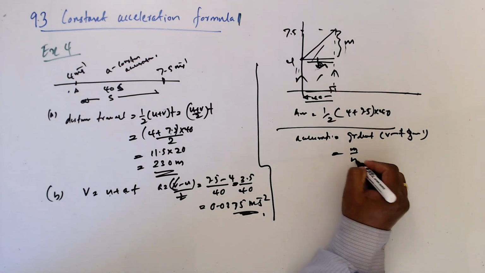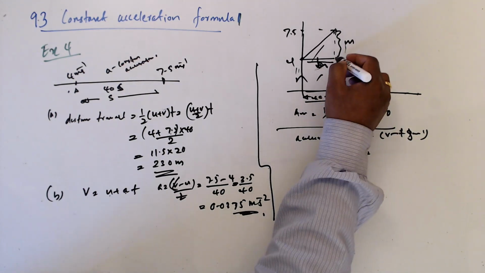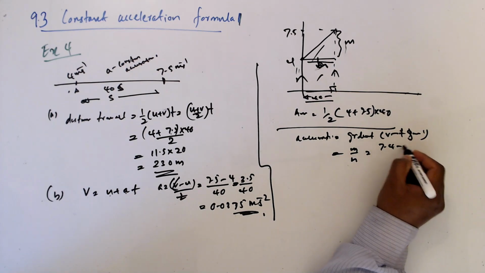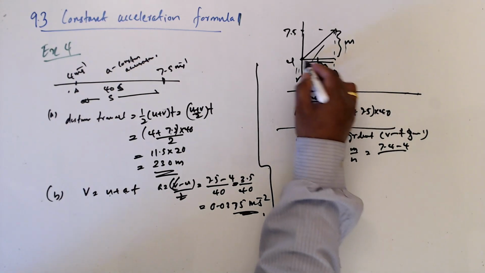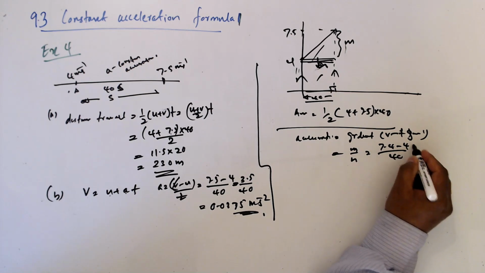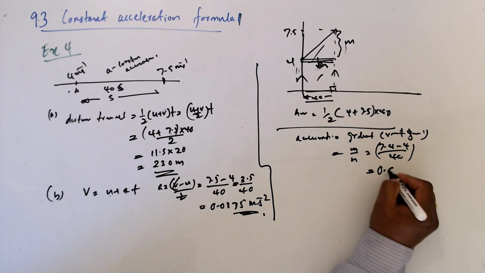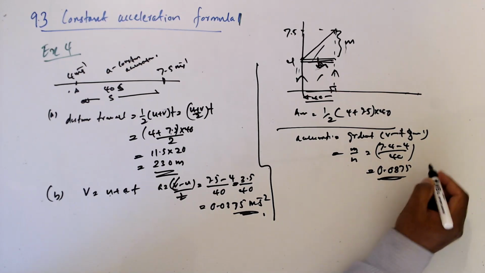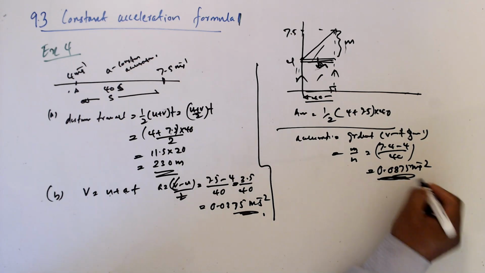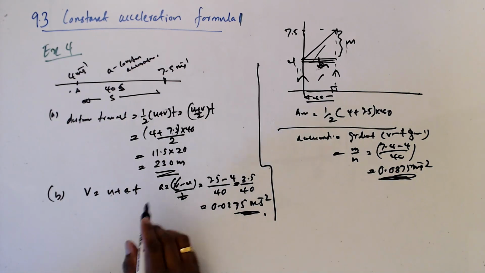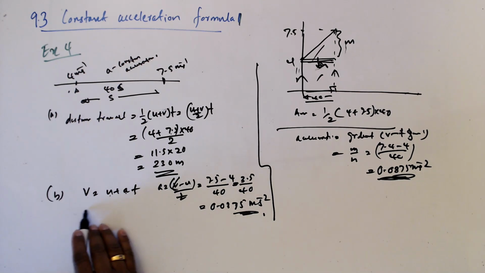So m divided by n, m means 7.5 minus 4 for that distance, and n is 40, which is 0.0875 ms minus 2.